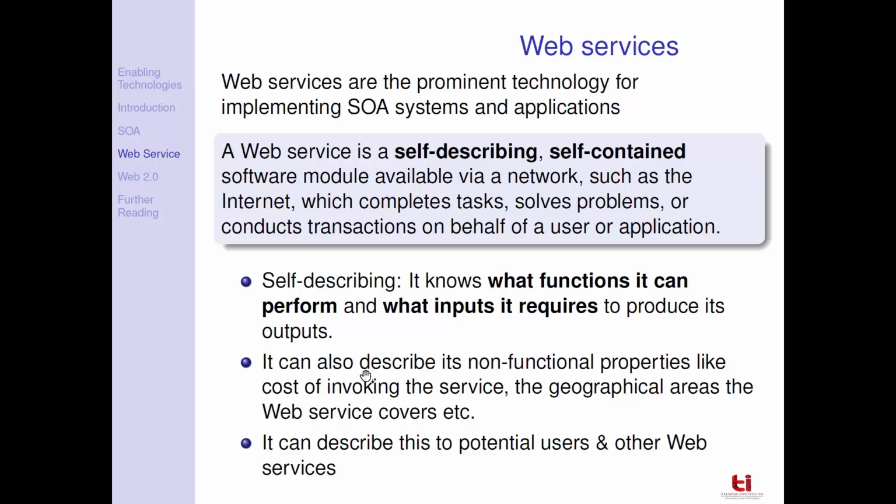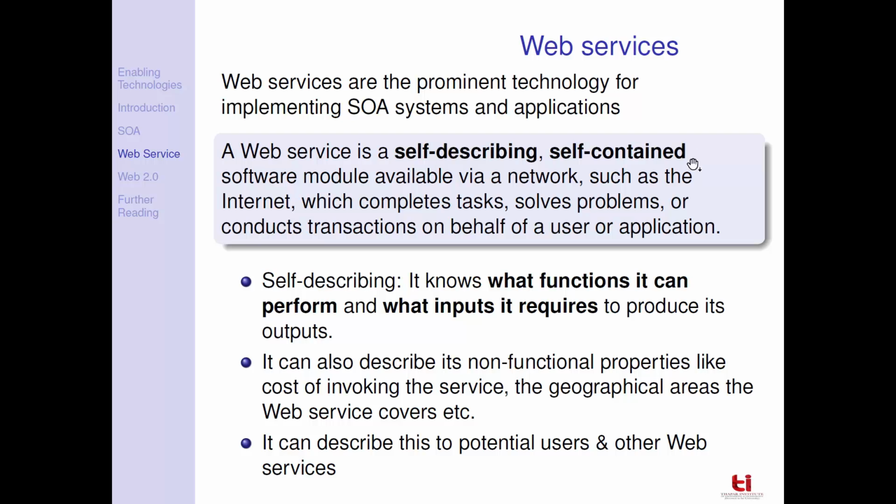It can also describe its non-functional properties like the cost of invoking the service and the geographical area that the web service covers, etc. It can describe this to its potential user and to other web services. So a web service is self-describing. It will describe what function it will perform, what inputs are required, what the output will be. It will also describe the cost, etc.